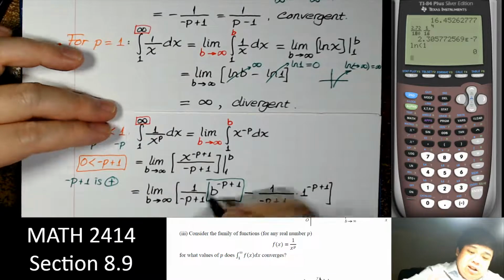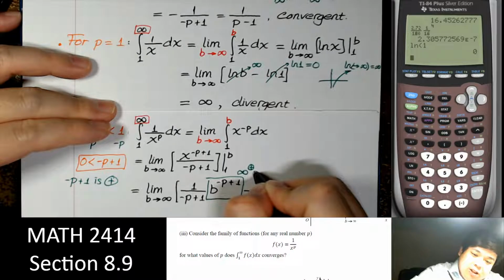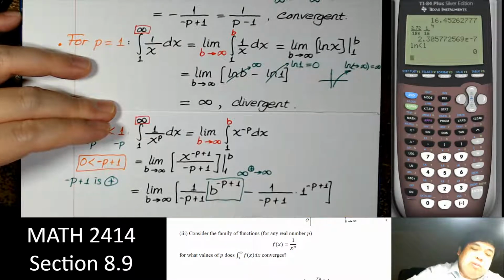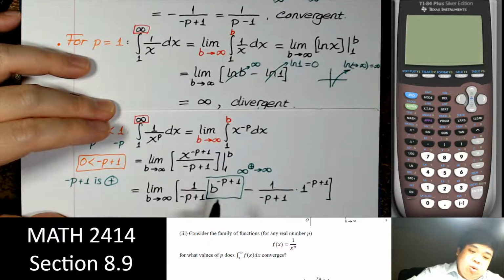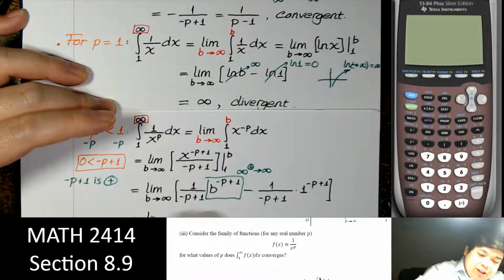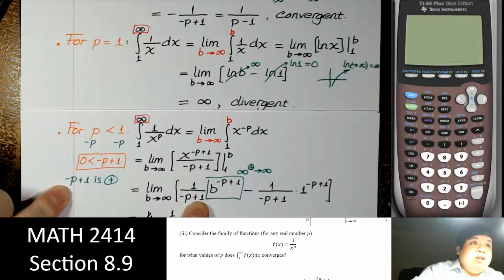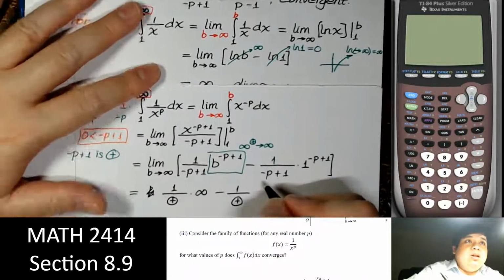If that is the case, we have infinity raised to a positive power, which obviously goes to infinity. So this one goes to infinity and this coefficient is positive. What we actually have is some positive number times infinity, minus 1 over a positive number, and 1 raised to any power is still 1.